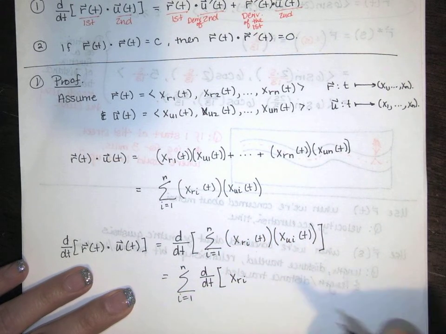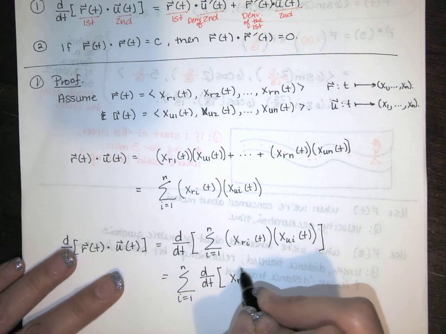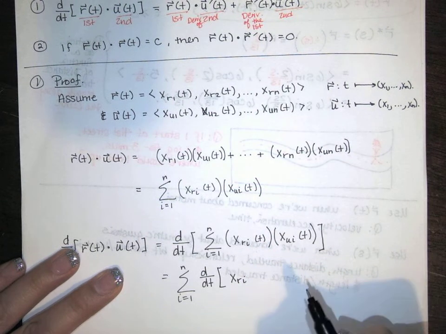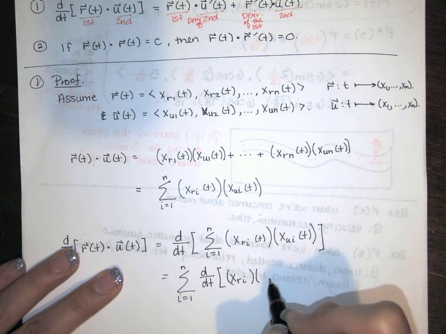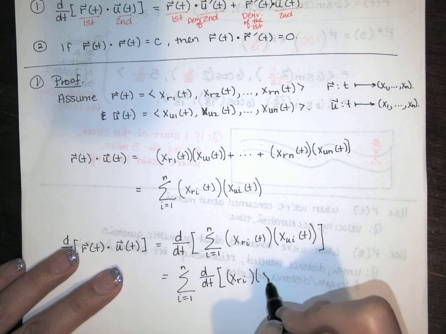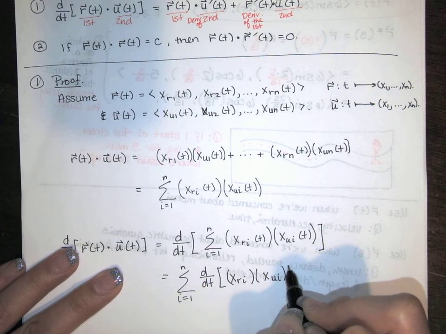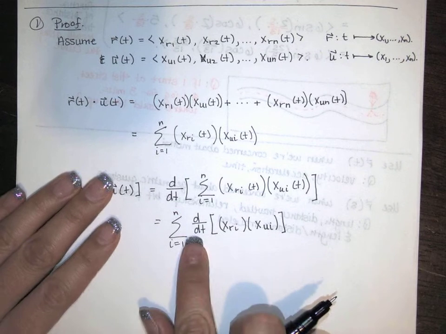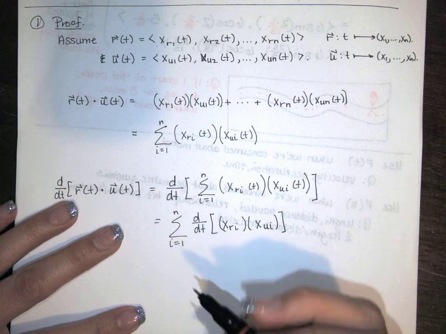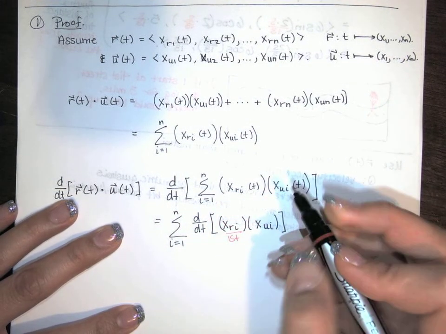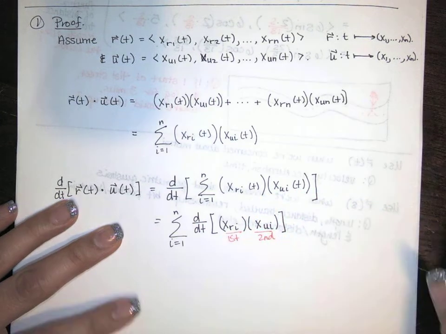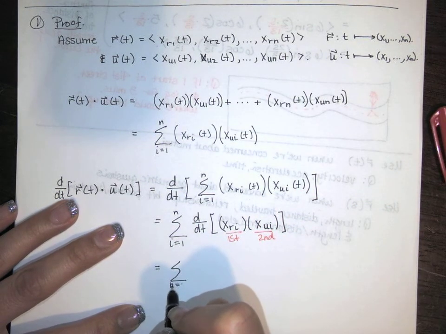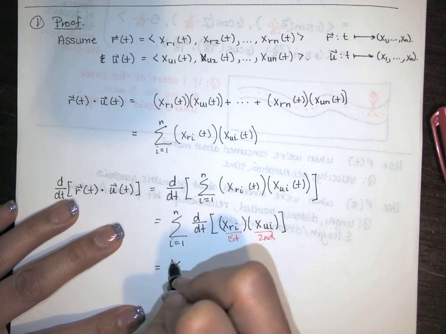Okay, so I've got x sub r sub i, or x sub ri. That's one component function, and it's being multiplied by, these are scalar functions of t, x sub u sub i of t. Well, if I've got a function of t times a function of t, and I'm applying the product rule, if this is my first function and that's my second function, according to the product rule, oops, that's i equals 1 through n.